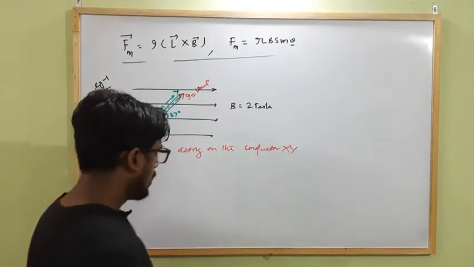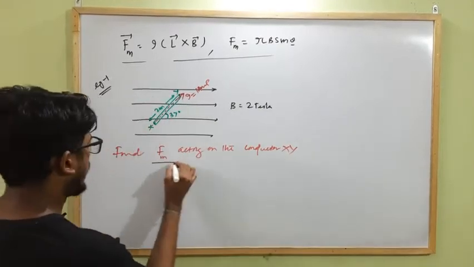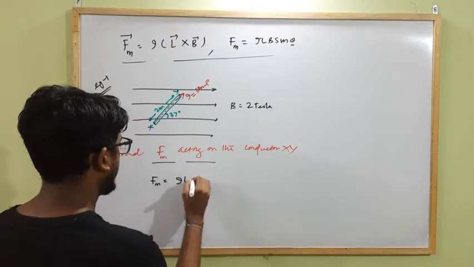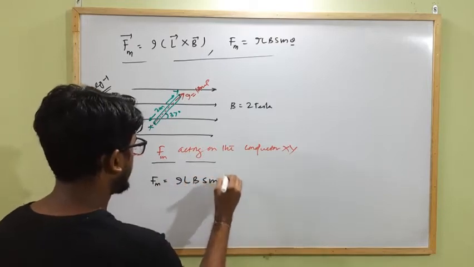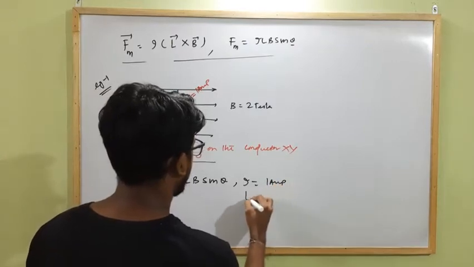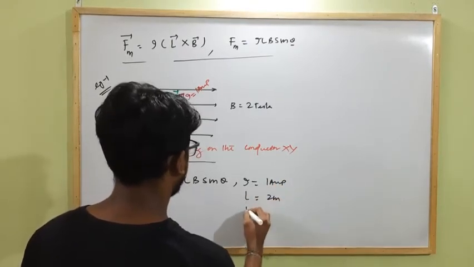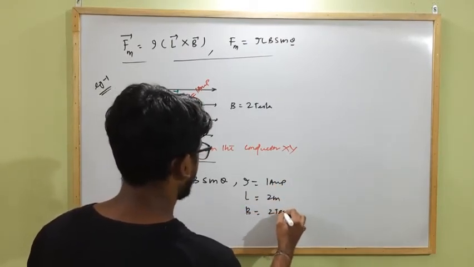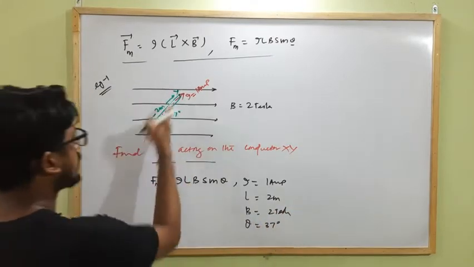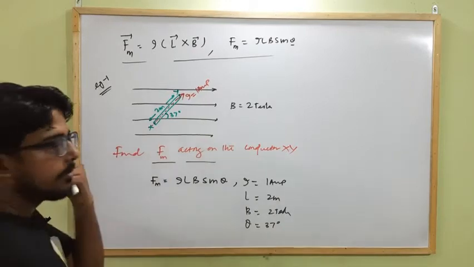So here, how to find out the magnetic force? As we know, the magnetic force is given as I L B sin theta. Here I equal to how much? 1 ampere, L equal to 2 meter, B equal to 2 Tesla, and theta equal to 37 degree, the angle between length direction and magnetic field strength.